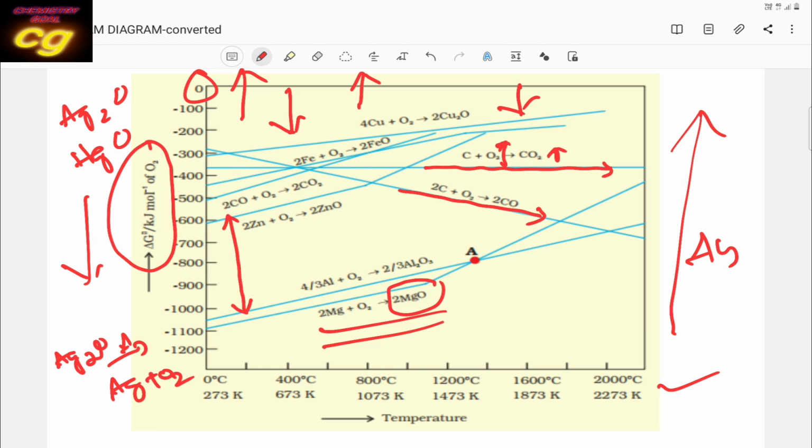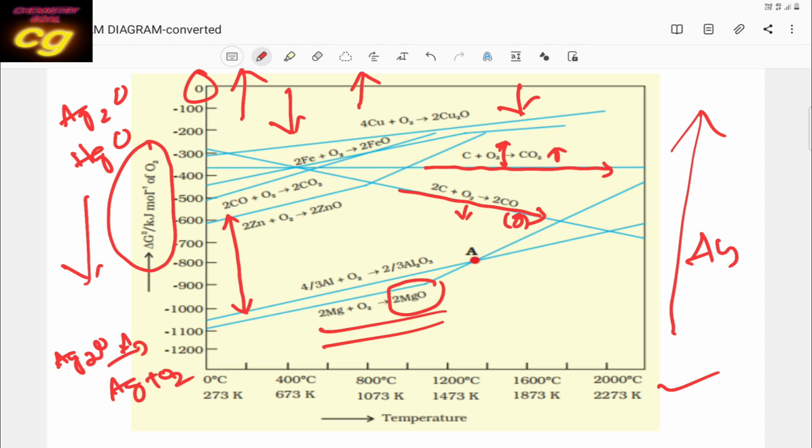But in case of carbon monoxide, what happens? If you balance it, carbon monoxide on the right side is also a gas, but it is two molecules, while on the left side oxygen is one molecule. As the right side has two molecules, the entropy change is more.